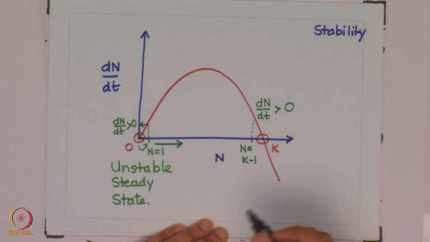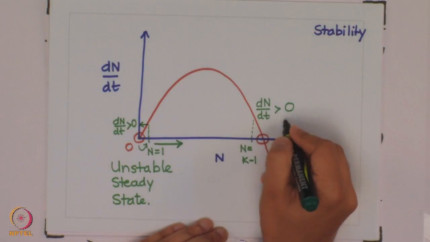And what dn by dt greater than 0 means is that as t increases, n also increases. With increasing time, the variable n, the number of bacteria in the species, increases, and hence the graph will move towards the right.